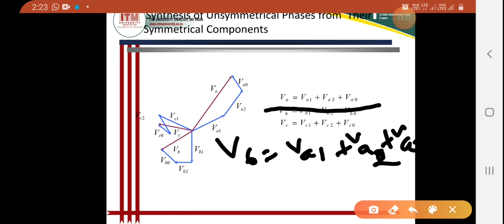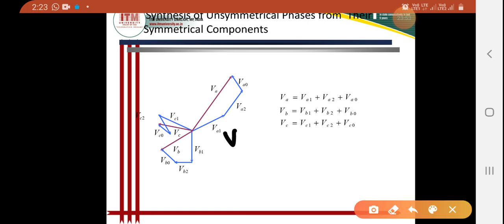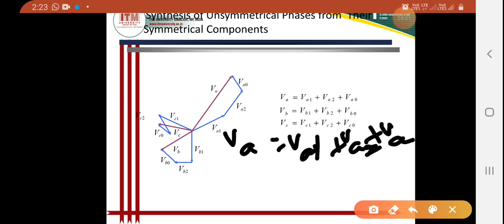See the diagram, we can understand also. So VA is equal to VA1 plus VA2 plus VA0.